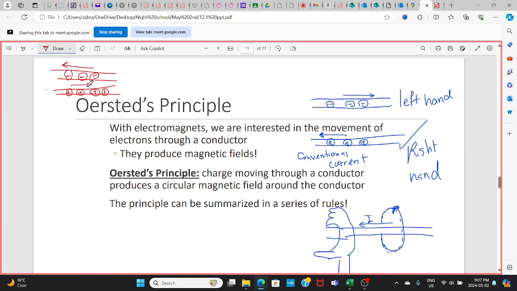In this direction, true? If the negative charge is moving to the left, it's the same as saying positive charge moving to the right. And this is the example we're trying to do now. But this is a different example. This is not connected to what we do right now.